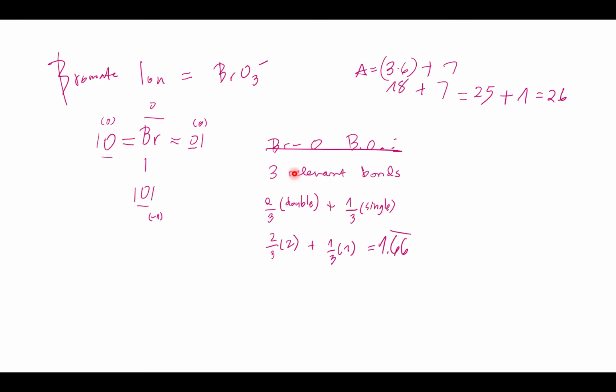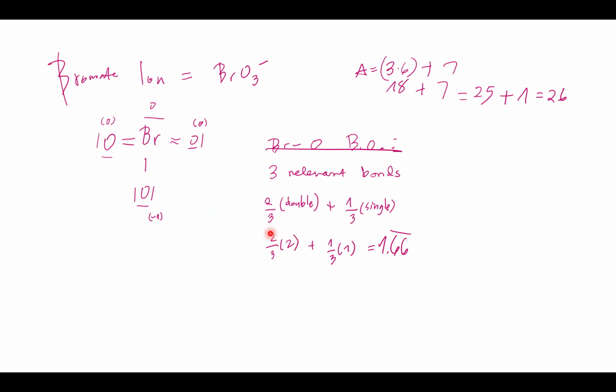I drew it, and I said that there are 3 Br–O bonds, 3 relevant bonds. 2 out of these 3 bonds are double bonds, and 1 out of these 3 bonds is a single bond, like you see here.